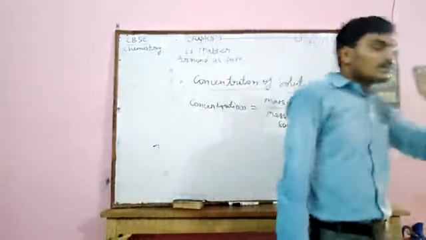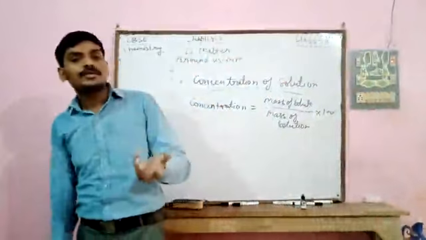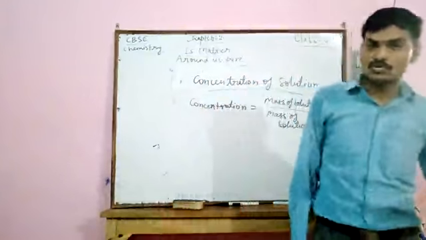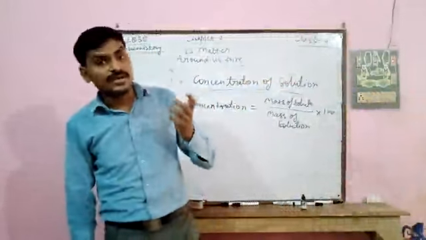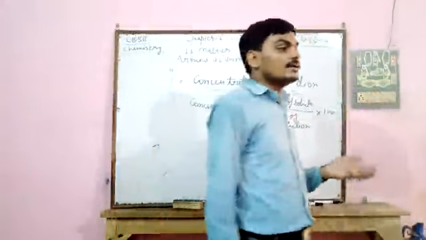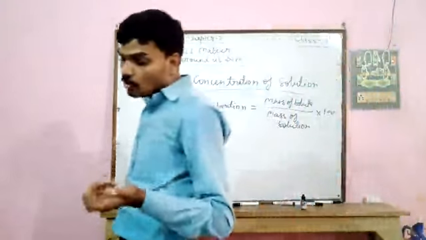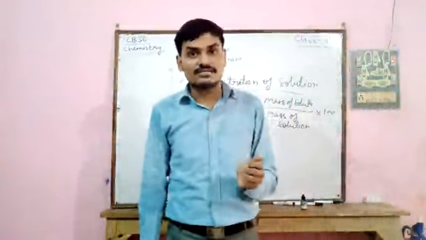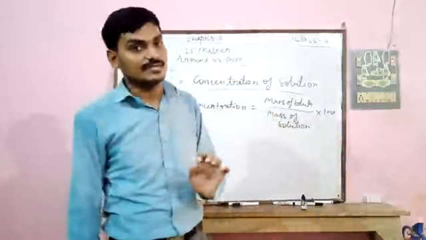That is, the amount of solute present in a solution is known as the concentration of solution. In any solution, if the amount of solute present is high, then it will be more concentrated. If the amount of solute present in a solution is low, then we will say that this is a lower concentration.